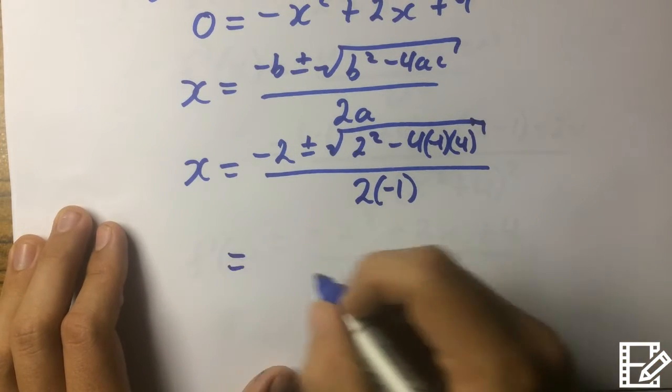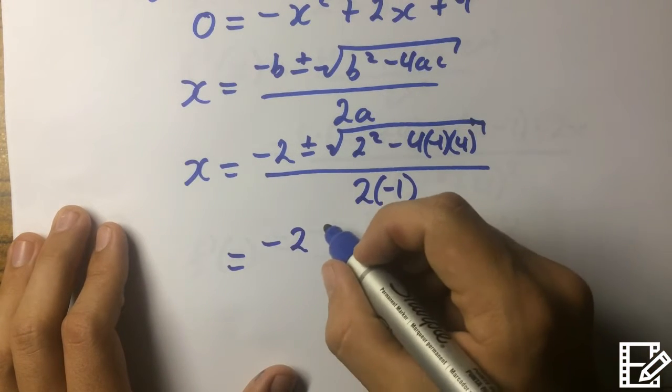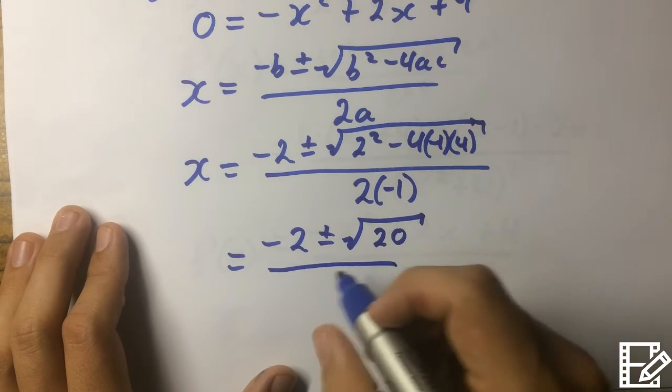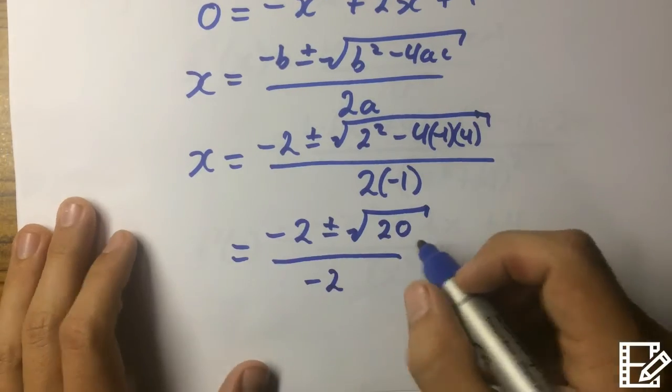Now, that means we have negative 2 plus or minus the square root of 20, all over negative 2.